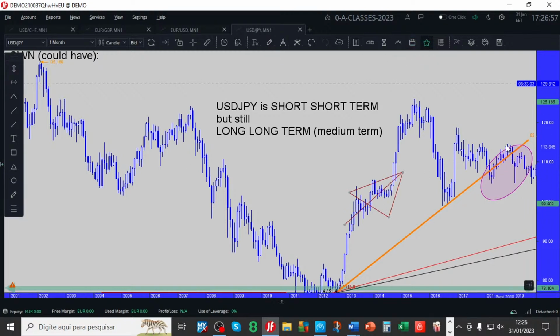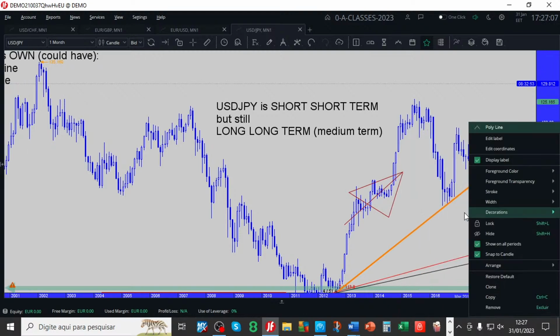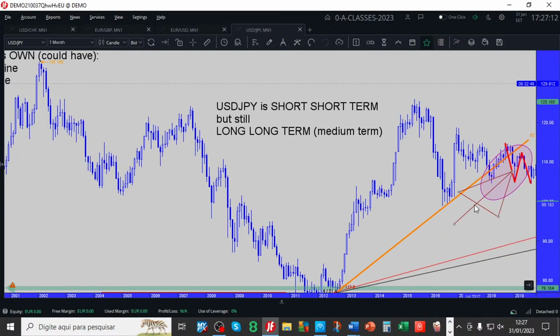In the short term, this market could gravitate, making lower lows, lower highs, lower lows. Okay, it could gravitate down short term. Why short-term vocabulary? Because of the short-term uptrend line. But still long term, you should be long.